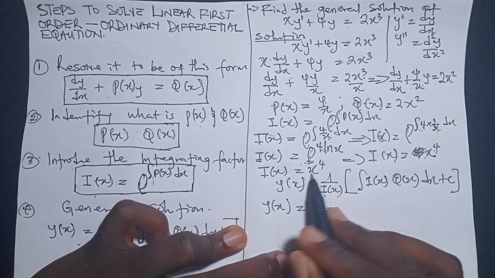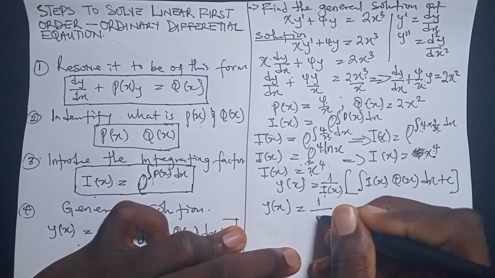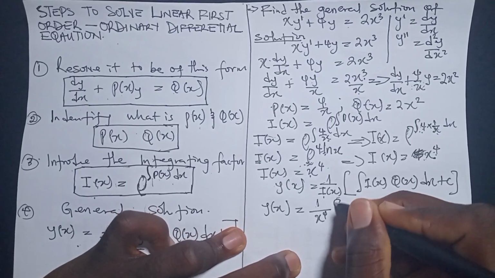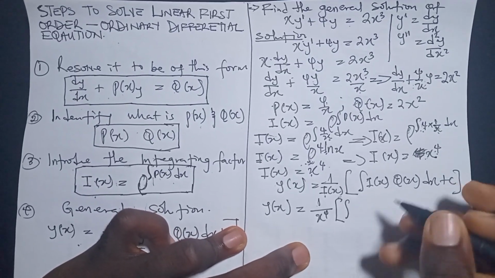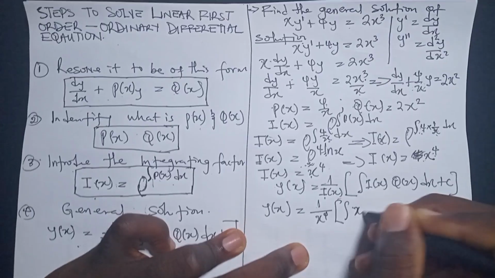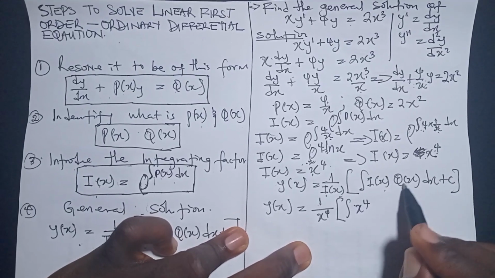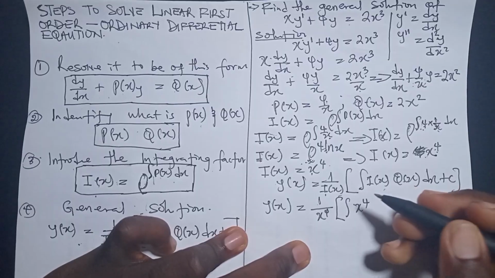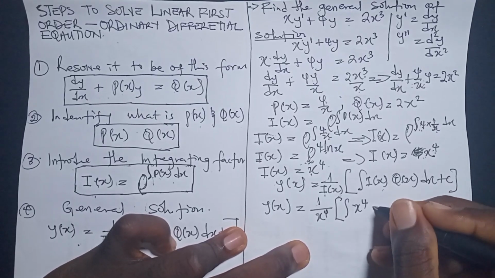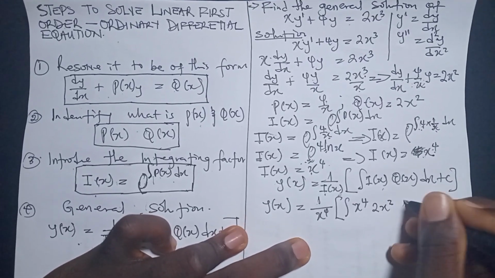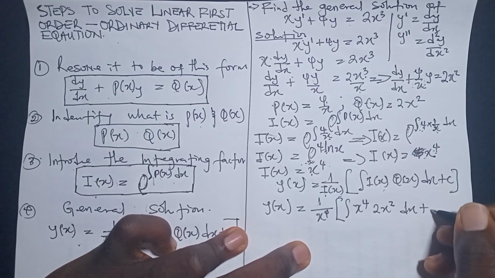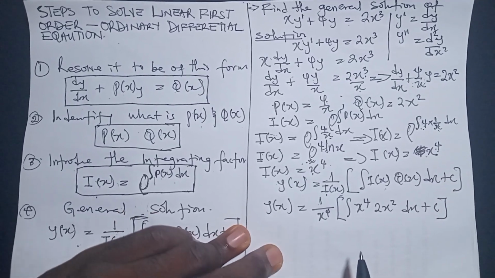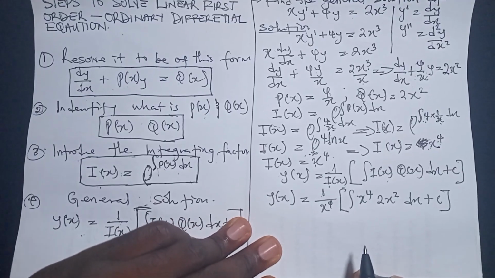It's x raised to power what? 4. We have x raised to power 4 here. This is times integral of I of x, x raised to power 4. You just substitute. Q of x is what? 2x squared, 2x squared dx plus c.